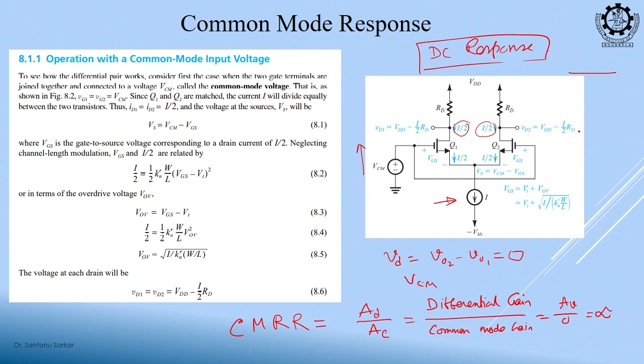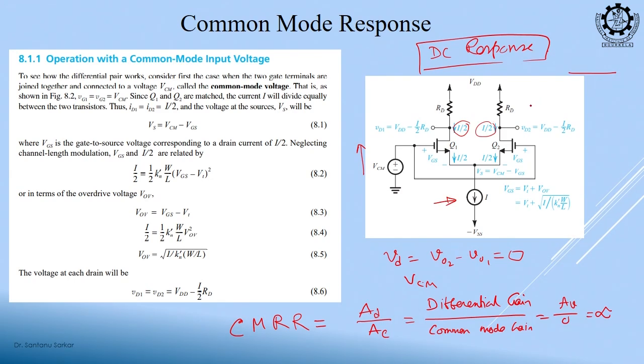But what is desired is that even if your input DC changes, the output should depend only on the signal, not on the DC variation, right. DC is only for biasing, that we have seen, and the output should vary only with the AC signal. But if I do not have control.